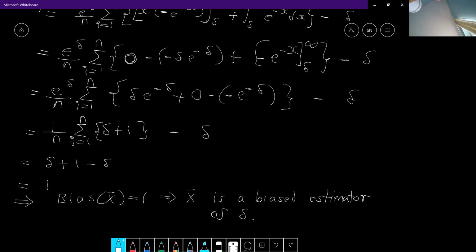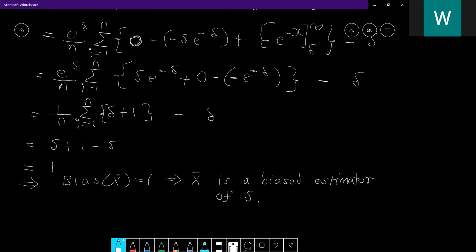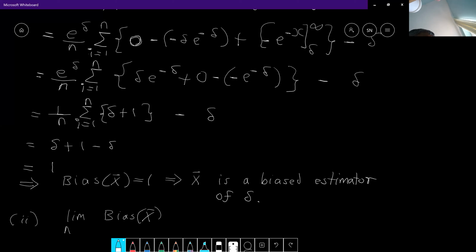Okay, now to do part 2 of question 3. If you read the question, guys, you see the question is asking you to find the limit of the bias of x bar as n goes to infinity, which is basically the limit of 1, because remember the bias is 1.